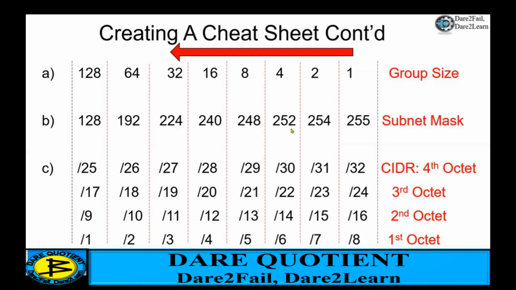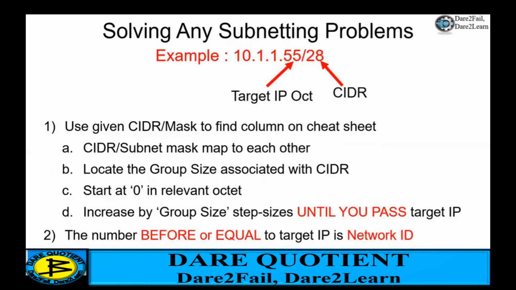Solving subnetting problems. We have a few steps here that will guide us on how to go about solving them. Looking at this IP address example, 10.1.1.55/28, we have a CIDR, which is the /28, and a target IP octet.